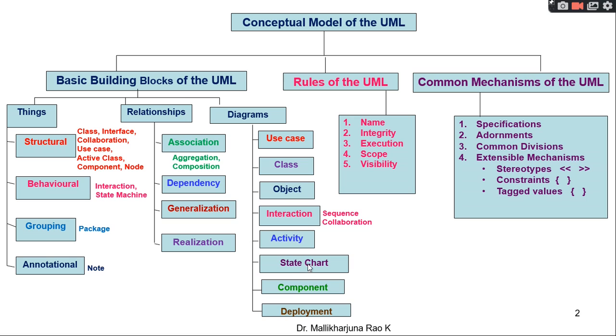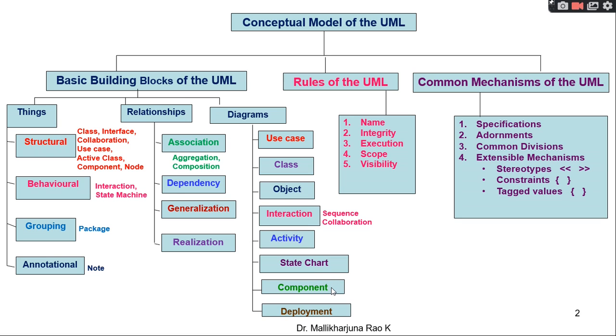That we will model here. Whereas in the activity diagram, we model multiple objects and their various states. In the state chart diagram, a single object and its various states.